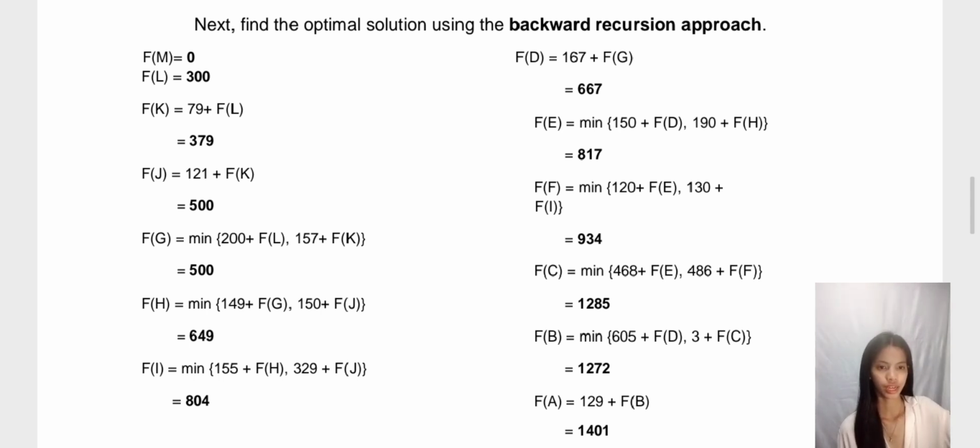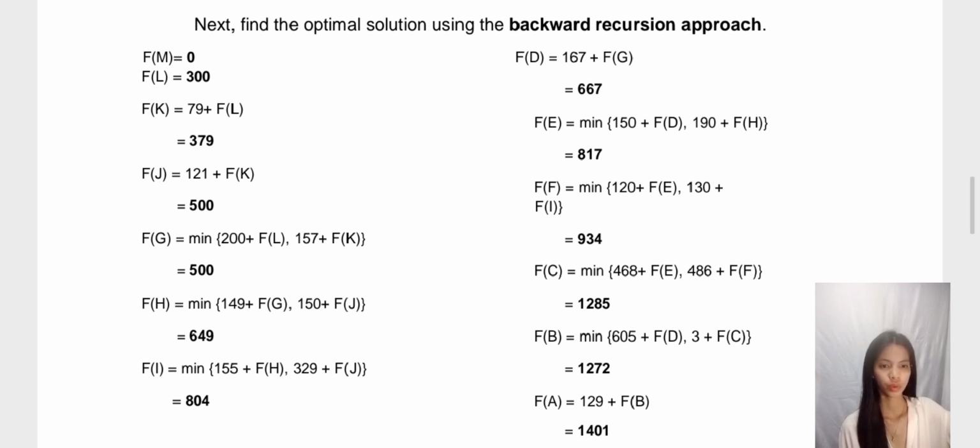After that, the value of f(L) is 300, as you can see in our network diagram. And then f(K) is 379 because the distance from K to L is 79. Since we already have the value of f(L) as 300, we add them together.